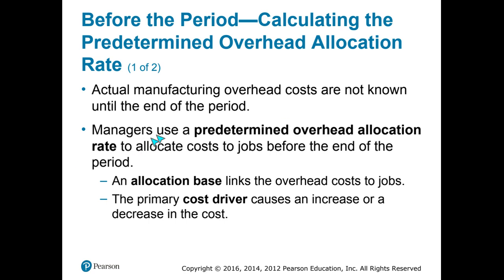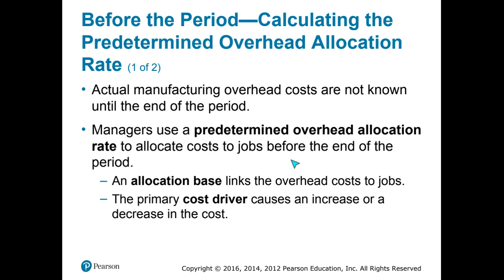So managers have to use a predetermined overhead allocation rate to allocate the cost to the job before the end of the period. We have this job that we're working on and we're incurring cost for that job, but we don't really know how much that job is going to be until it's complete.